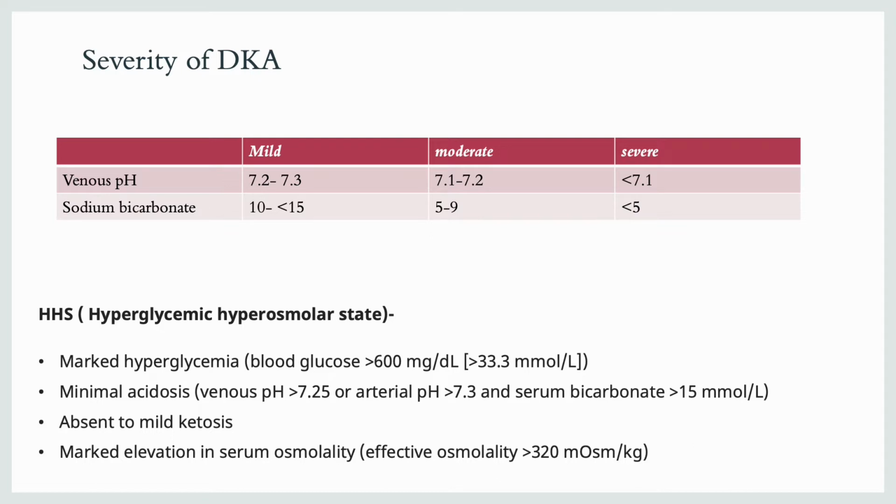The venous pH is usually more than 7.25 or arterial pH more than 7.3, and usually the sodium bicarbonate will be more than 15 millimole per liter. Usually the ketosis is absent, but mild ketosis may be present, and there will be a marked elevation in the serum osmolarity. Effective osmolarity will be more than 320 milliosmol per kg.